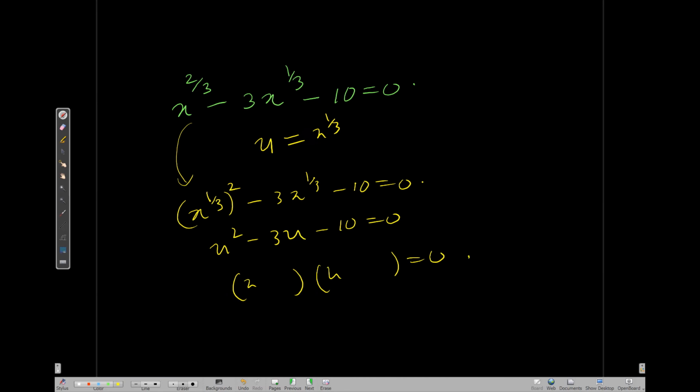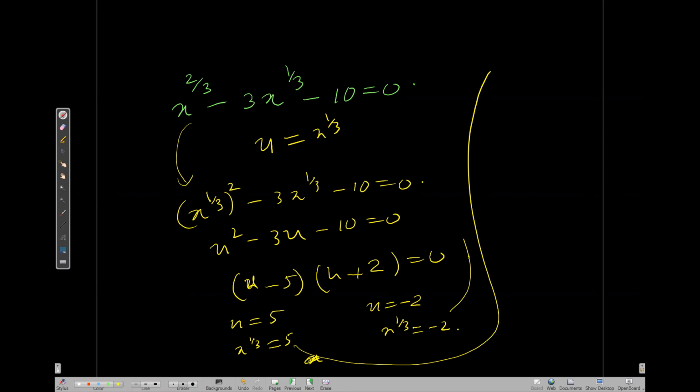And it's going to be 5 and 2, right? 5 and 2 make 10, and I can make 3. Can I? Negative, positive, yes. So u equals 5 and u equals negative 2. Now, u is actually x to the 1/3, so x to the 1/3 equals 5, and x to the 1/3 equals negative 2. Let me take both of them over here.